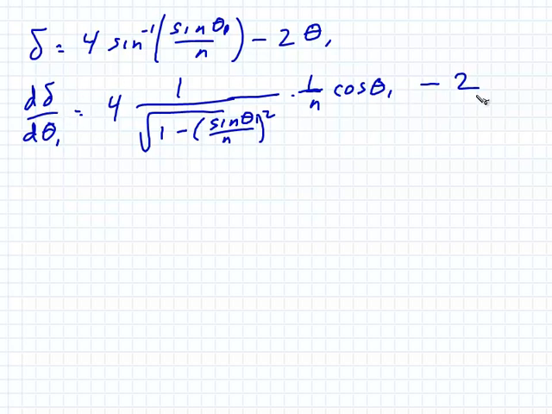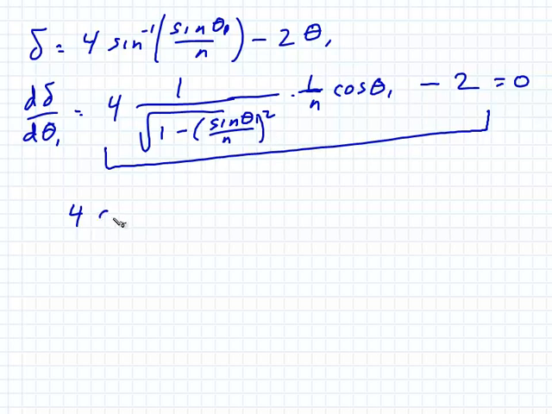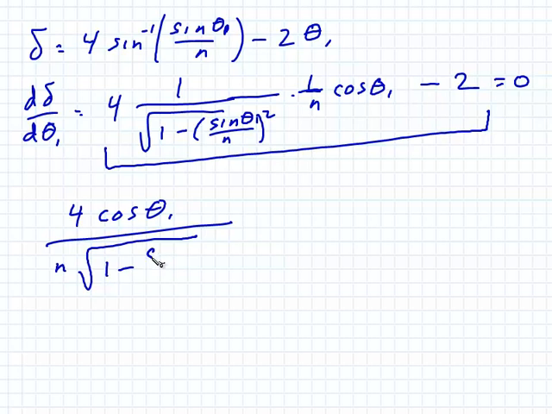Now, having taken the derivative, we want to set it equal to 0, because that's how we locate that top point on the curve, as we just now saw. So let's start simplifying this. This first business here looks like 4 times the cosine of theta 1, and there's an n that we can bring down here, and a radical of 1 minus the sine squared of theta 1 over n squared.